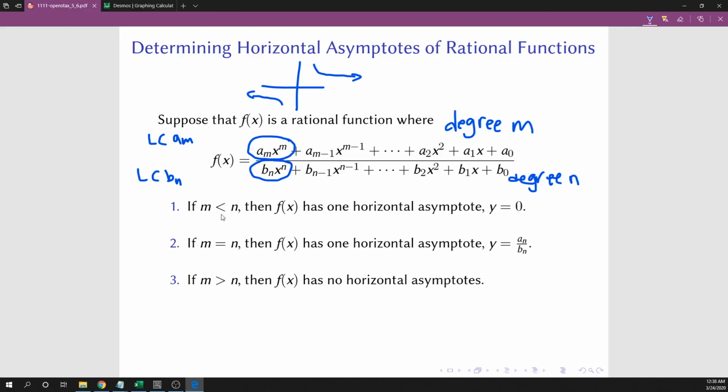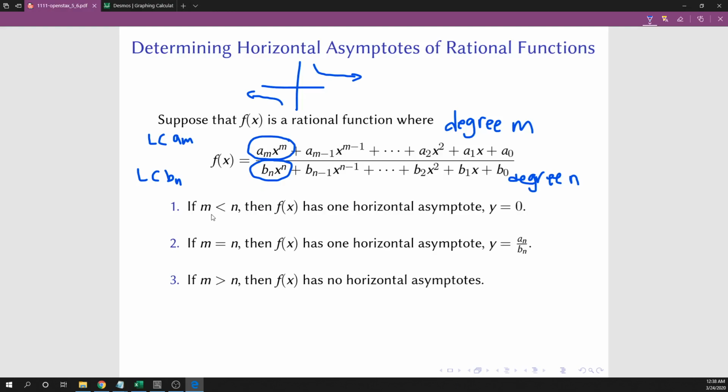The top could be less than the bottom, the top and the bottom could be equal, or the top could be bigger than the bottom degree. That's going to determine the situation. Basically, is the bigger power in the top or in the bottom?